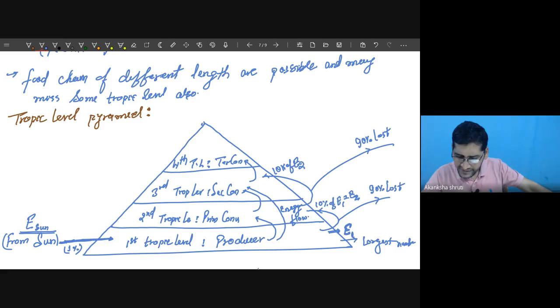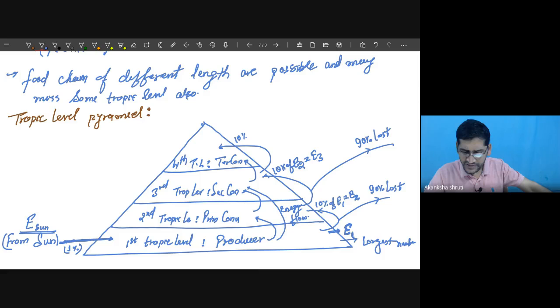Again, if we consider the energy in trophic level 3, which is 10% of E2, as E3, then again only 10% of this can pass to the fourth trophic level.